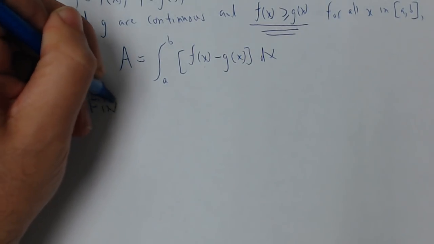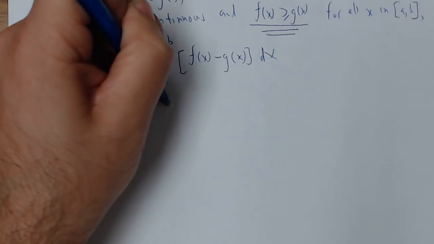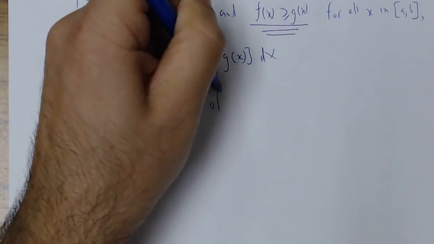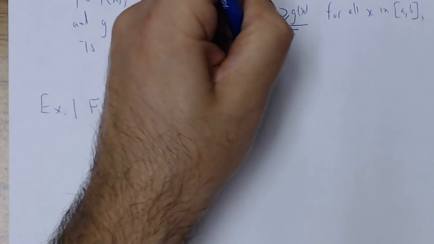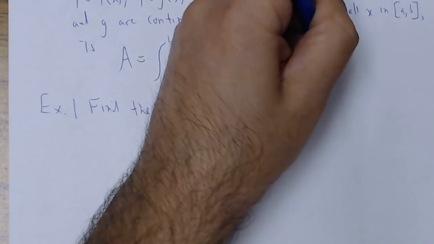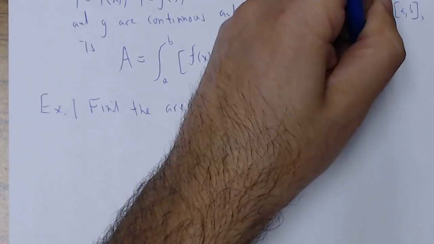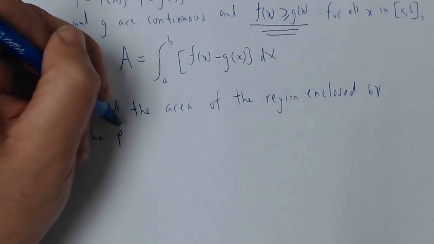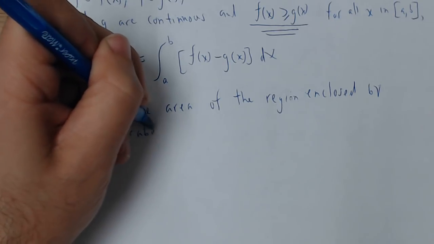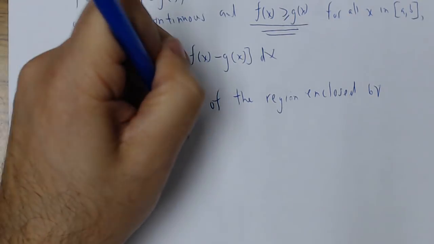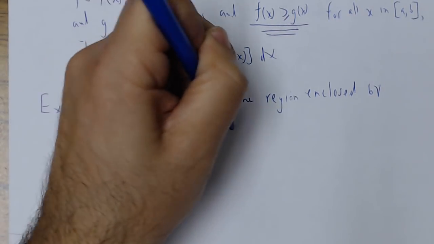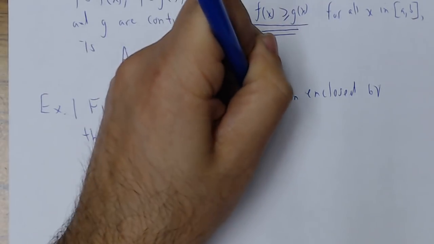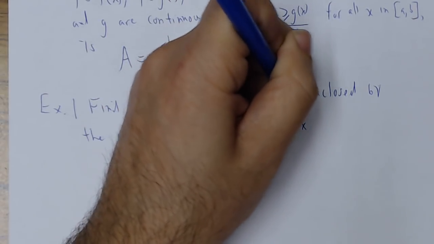We're going to say, find the area of the region enclosed by the parabolas y equals x squared and y equals 2x minus x squared.